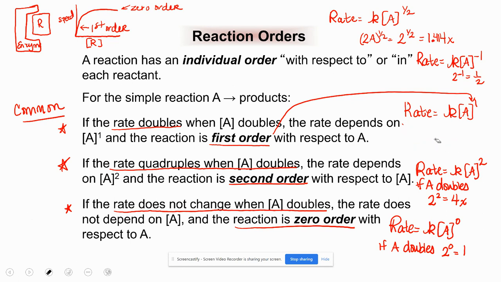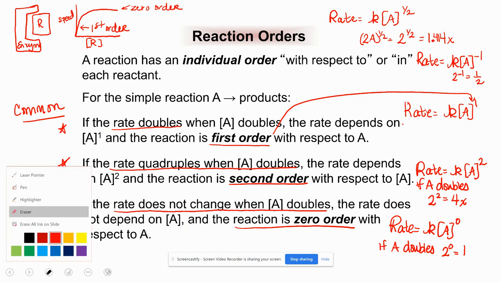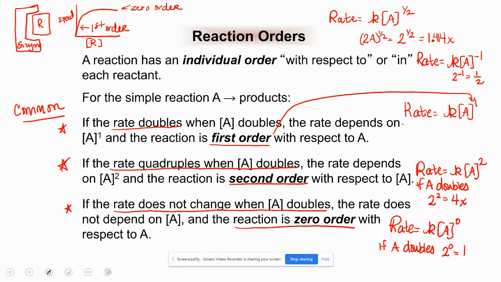If we decide in an experiment to triple the concentration of A, and it's first order, the rate will increase 3 times. We don't have to always double things.